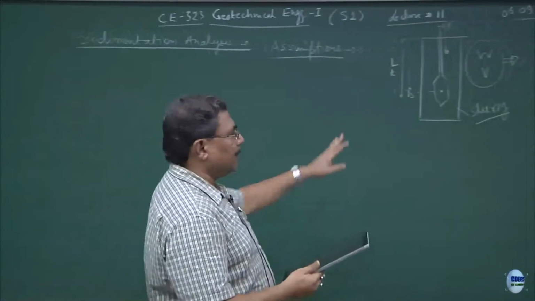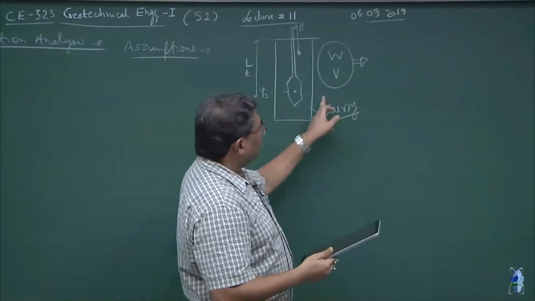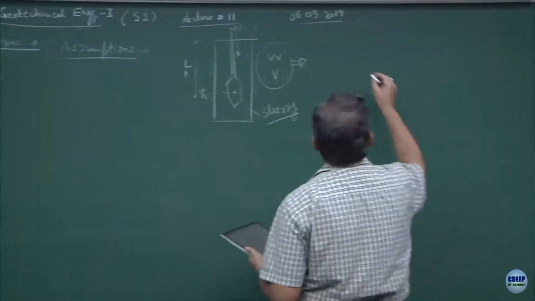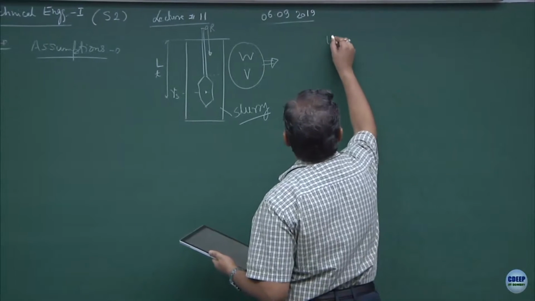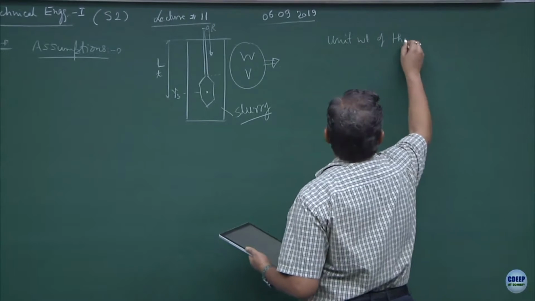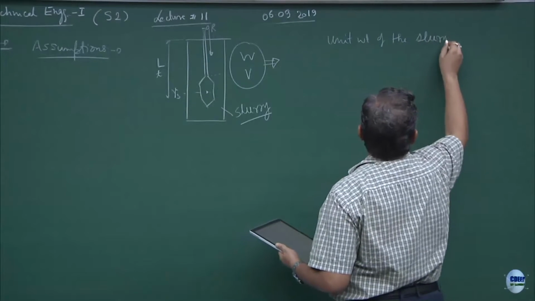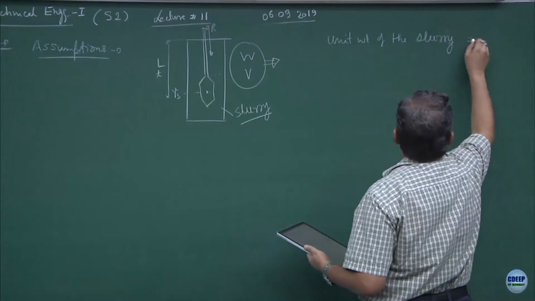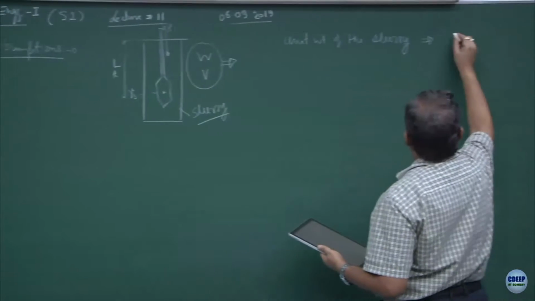So, normally they do this type of work where they talk about the density of the slurry, and what you should be proving is, if I want to find out the unit weight of the slurry, now this would be what?